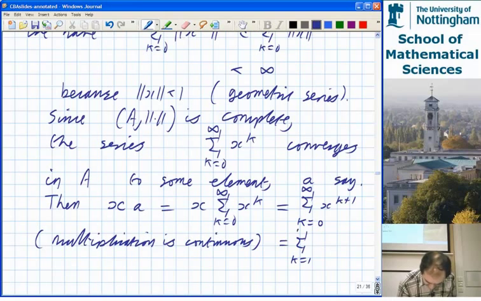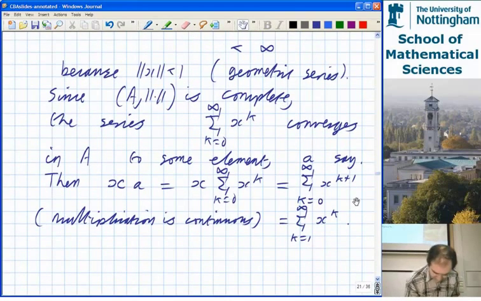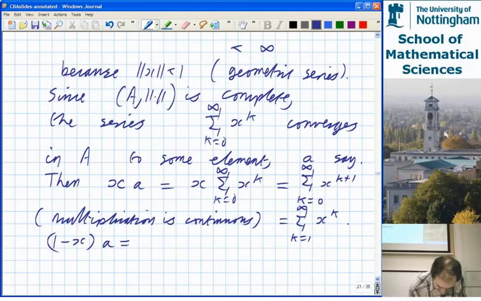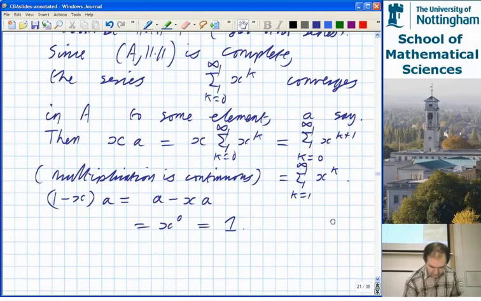That's the sum from k equals 1 to infinity of x to the k. And now you look at 1 minus x times A, which is equal to A minus xA, and you see there's only one term left over, which is the first term, which is x to the 0, which is 1. So 1 minus x is invertible, and it's got this formula for the inverse.